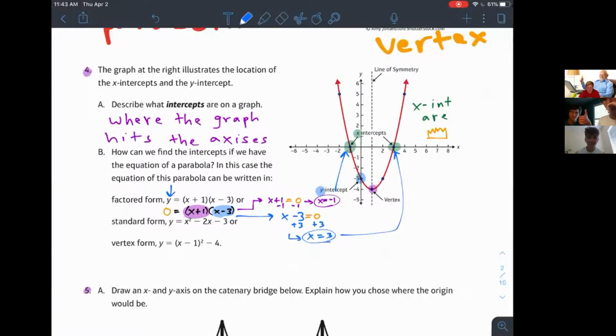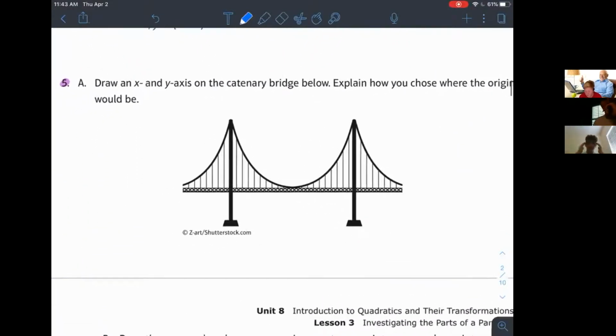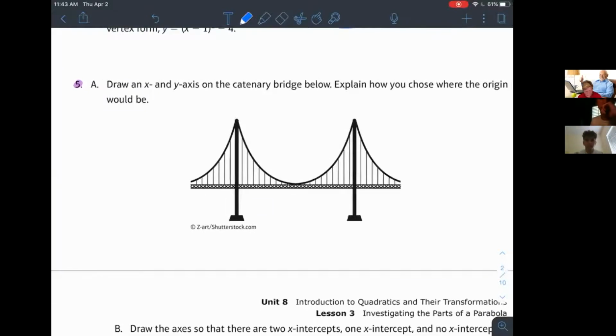So basically, part B is saying the following. We could use a variety of different equations to allow us to see functions. We're actually going to get a little bit more practice with that on numbers 10 through 12. So more to come on that in 1 second. Okay, 5A. Draw an x and a y-axis on the bridge below. Here we go. Let's do this quick. Here's my x-axis in red.